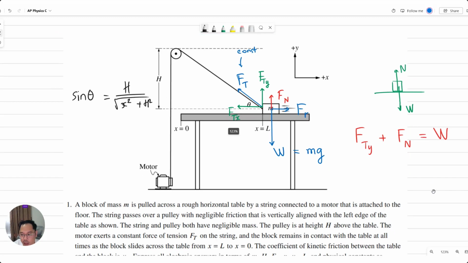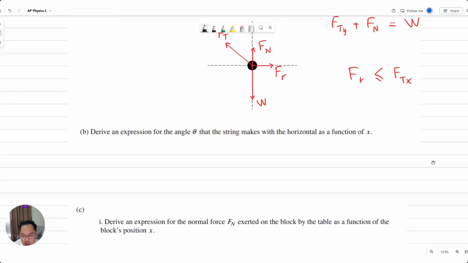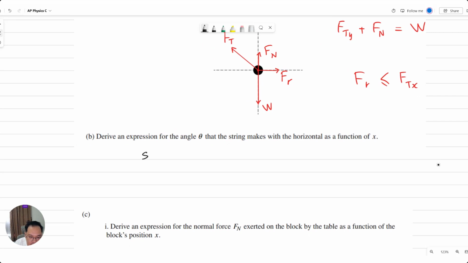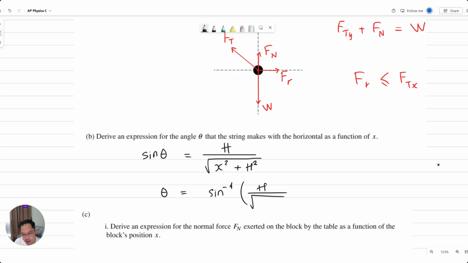Therefore we can derive the function for x. The sine of that angle theta is opposite h over the hypotenuse, which is the square root of x squared plus h squared, and therefore the angle is the inverse sine of h over the square root of x squared plus h squared.